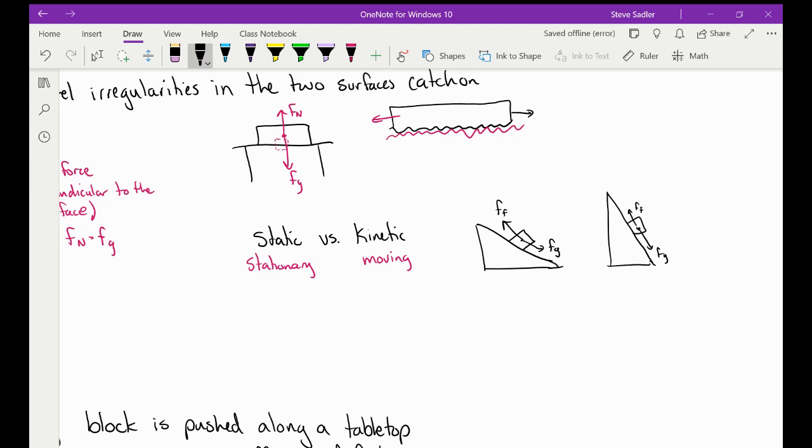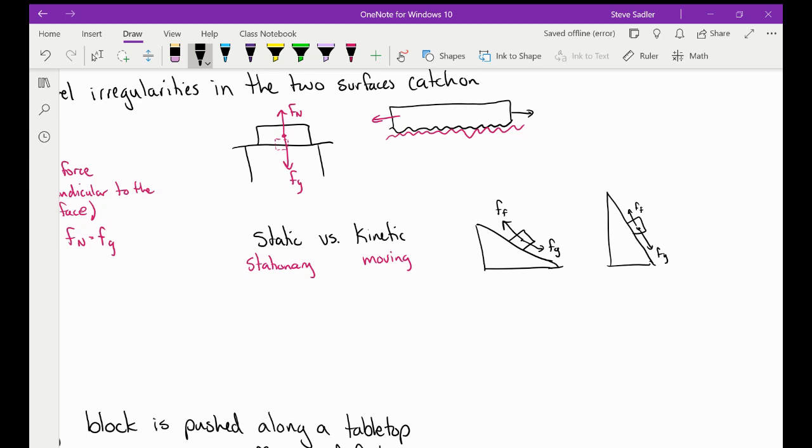Kinetic friction is more of our common friction problems, right? Something being pushed across a surface, and that is the friction happening when something is moving. So in that example of the book, we're going from static friction, and then we're looking at kinetic friction because the book is now moving. And there actually is a difference.